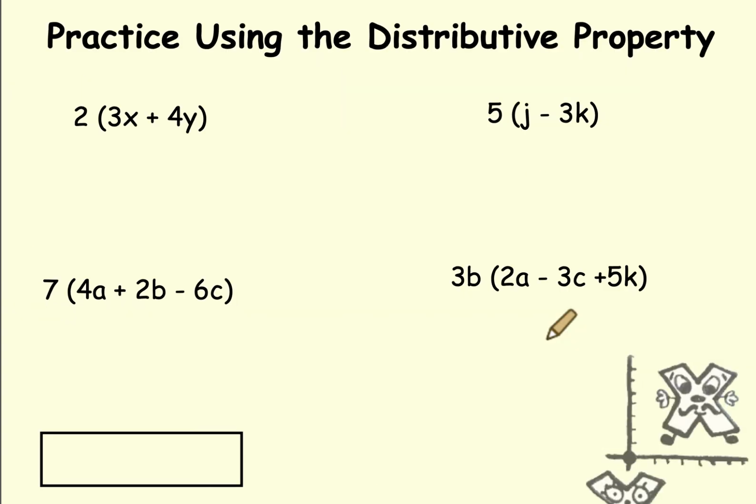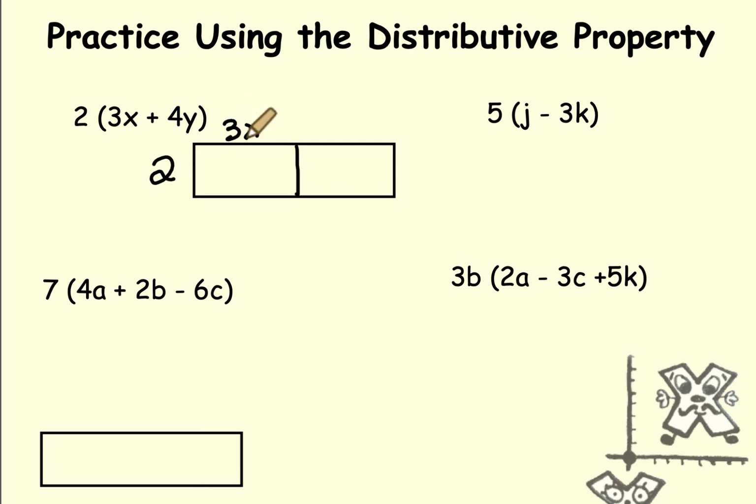So let's practice using the distributive property. On your own, try and do them. You can pause the video, or you can do them with me. Okay, so let's see what we got. If I'm doing this one here, I'm distributing to two terms. I have my factor 2, and my terms 3x plus 4y are my setup.